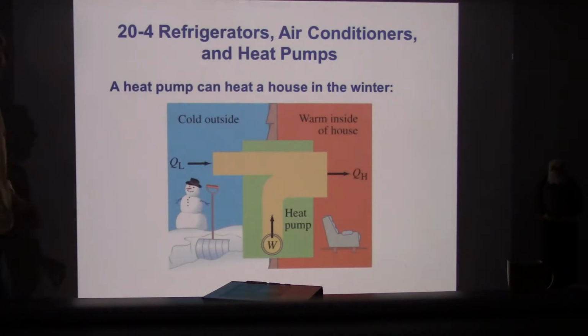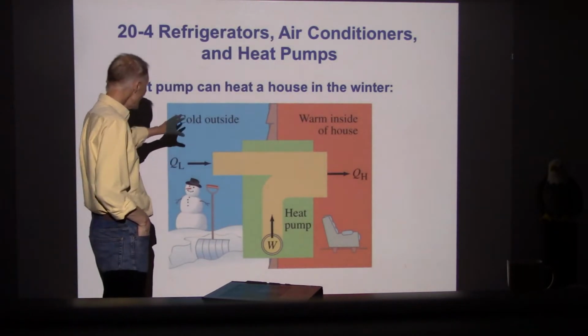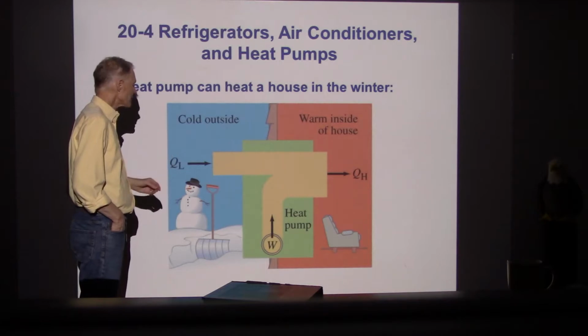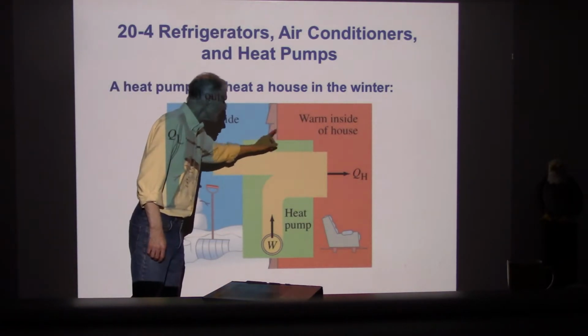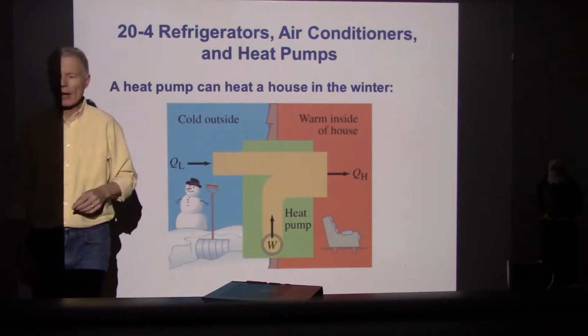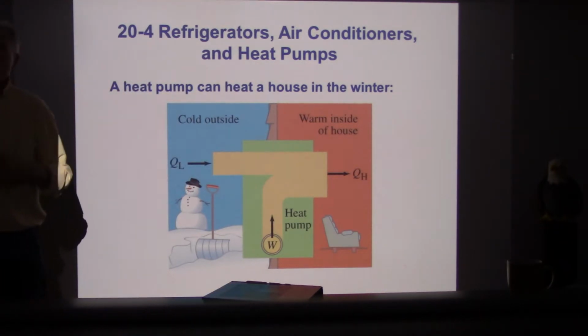All right, here we're using a heat pump in the manner I talked about. We're going to take the heat pump and draw in thermal energy from the outside and leave it inside the house. Now, how could I take a refrigerator and turn it into a makeshift heat pump?